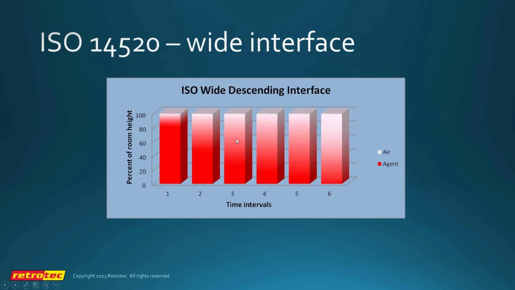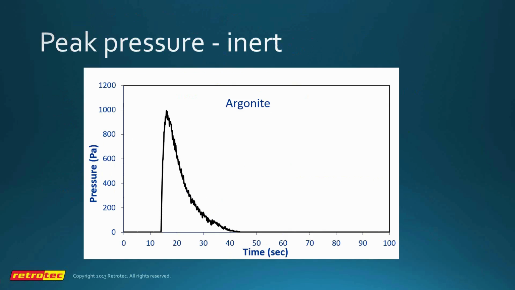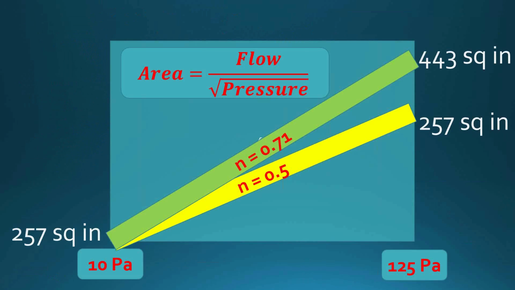The wide descending interface says that the gradation between air and agent continues to widen and widen. It doesn't actually work like this at all. It goes to a characteristic thickness and stays there. So the truth of the matter is somewhere in between the two. So let's just rocket back here. There we go.